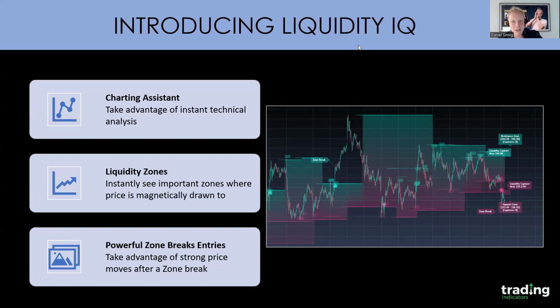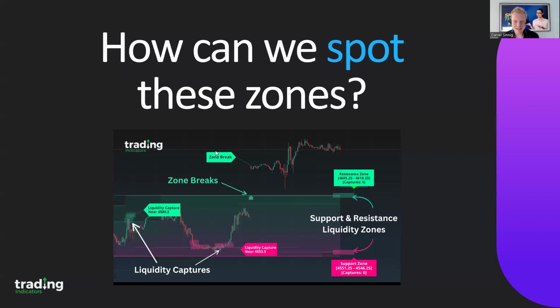Thus, we call them liquidity levels. It's really an instant charting assistant, which will annotate your price chart immediately when it's applied, with all important information, such as zones, liquidity captures, especially event, which I'm going to explain to you in a second, and zone break events.